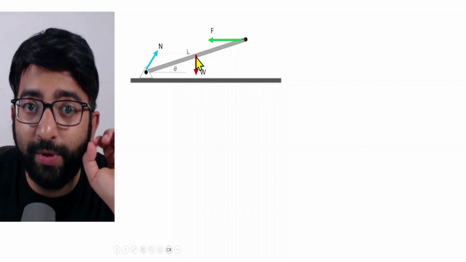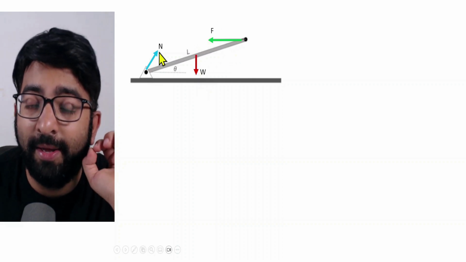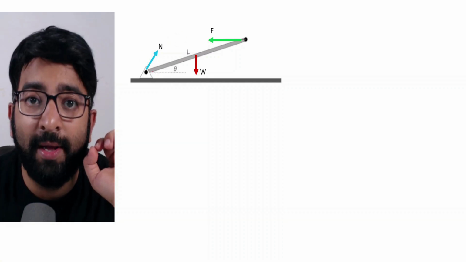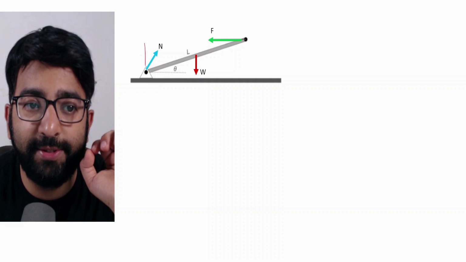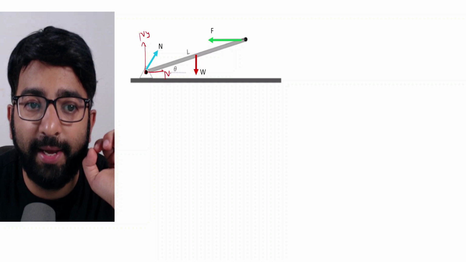In this diagram, W is acting along the y-axis, F is acting along the x-axis, but N, the hinge force, is neither along the x-axis nor the y-axis. So we will break the N into two components. So let's say the vertical component is Ny and the horizontal component is Nx.